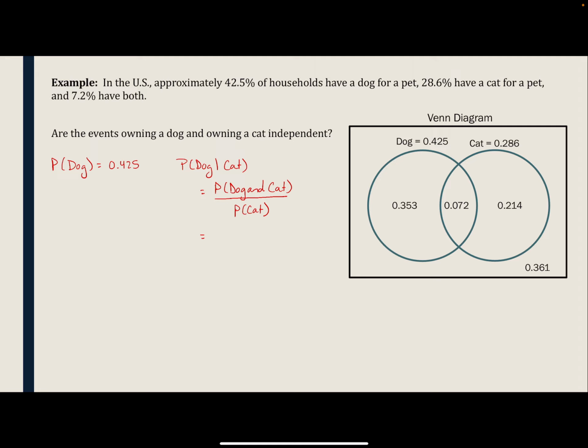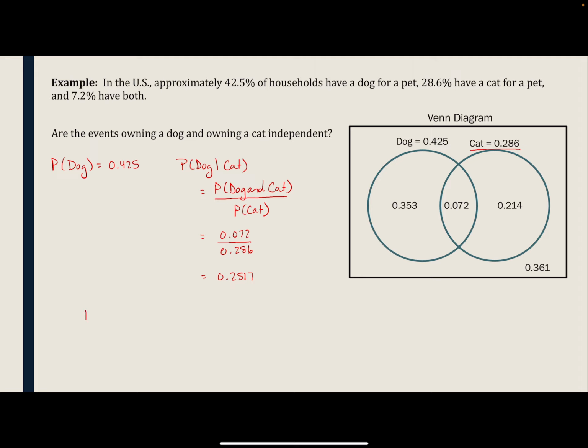The probability of having a dog and a cat is 0.072. That's that intersection in the middle. And the probability of having a cat, remember, use the whole cat circle for this one, is 0.268. And when you divide these, you get 0.2517.